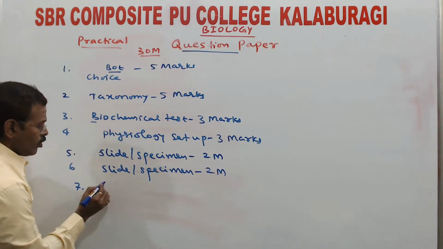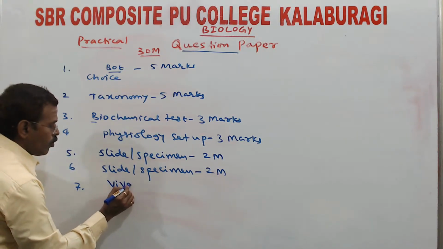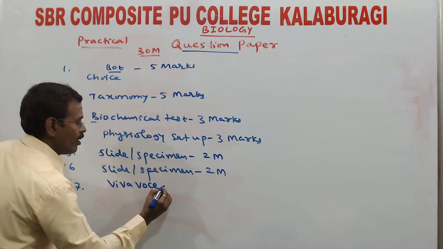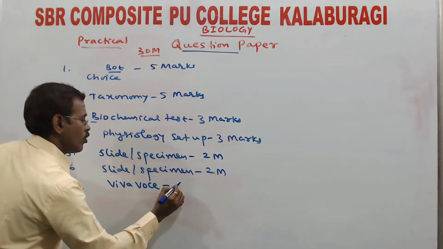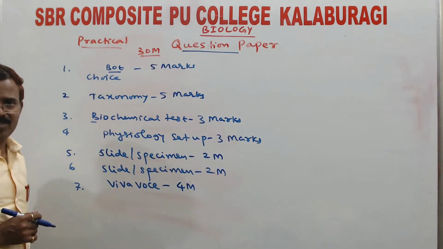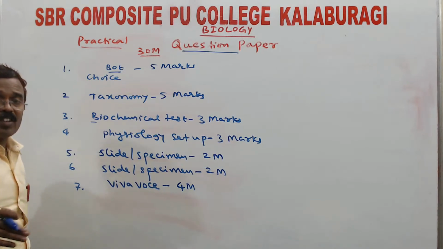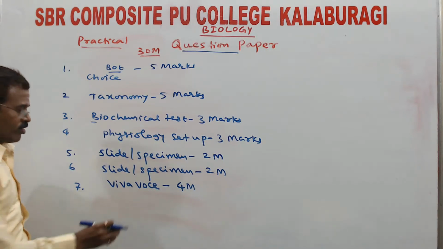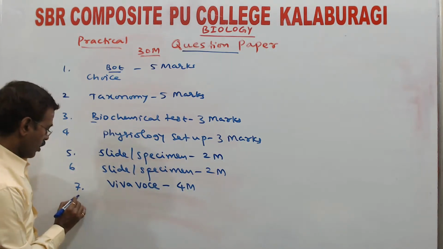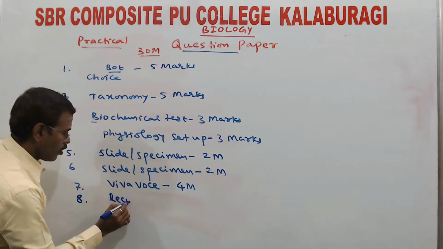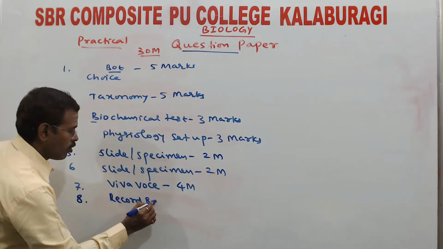Next, Viva voce, that is 4 marks. Viva questions will be based on what you did practically in the exam. Individually, they will call the student and ask a minimum of 4 questions. Then the last one, record book.